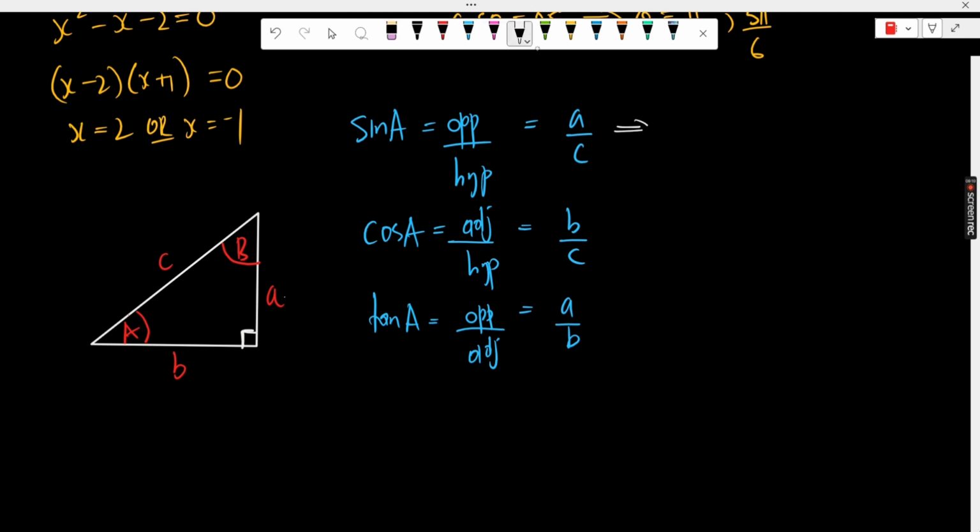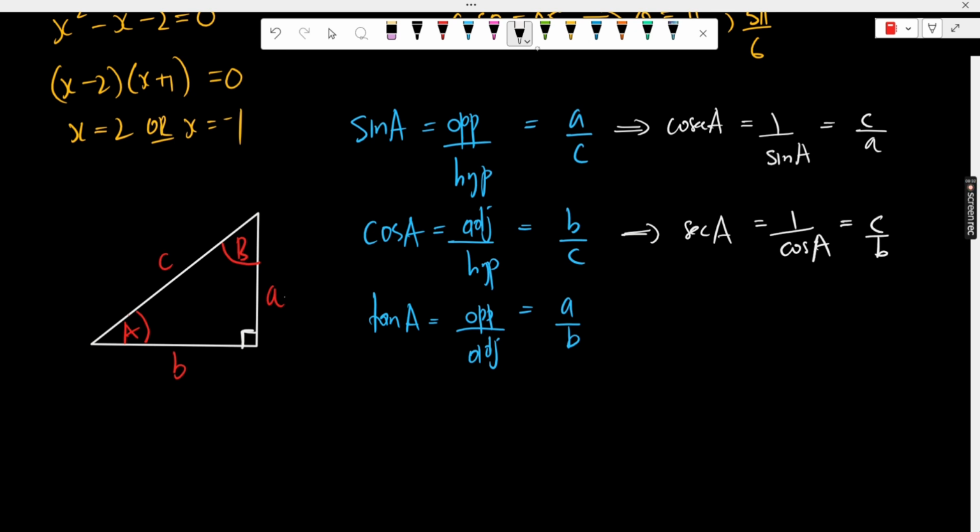So cosec A is equal to 1 over sine A, which would be equal to C over A. Similarly, sec A, which is short for secant, is equivalent to 1 over cos A, which would therefore be equal to C over B. And of course, cot A, which is equivalent to 1 over tan A, would be equal to B over A. I just decided to write down those minor trig ratios as well, since we're in the habit of looking at those angles' trig ratios.